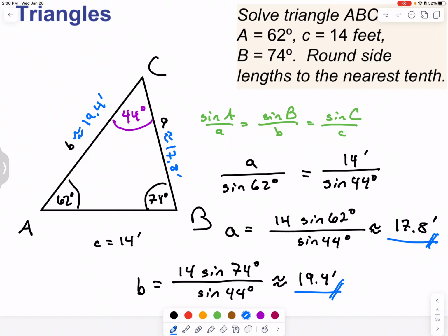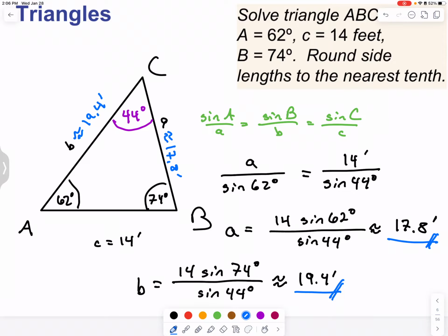One thing that you could do here quickly is to check. It isn't 100% confirmation here, but it kind of supports our claim, right? The largest side should be opposite the largest angle, and it is. The smallest side should be opposite the smallest angle, and the middle side should be opposite the middle angle, okay?